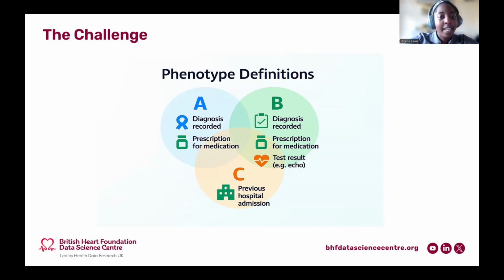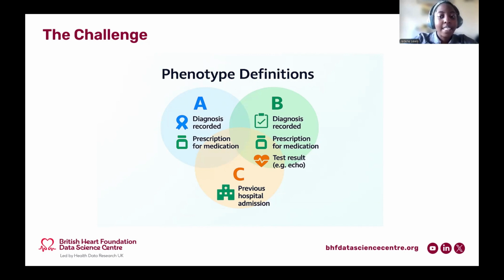However, some other definitions, for example definition B, as shown here, which further requires evidence from a test, are more specific and will identify fewer patients, and these patients might be more severe or have more specific types of heart failure. All of these are still valid ways of defining heart failure, but they will identify different groups of people.